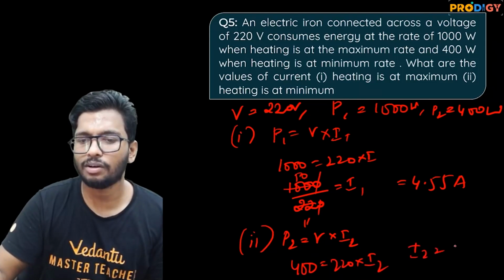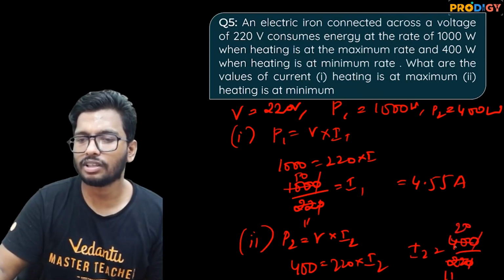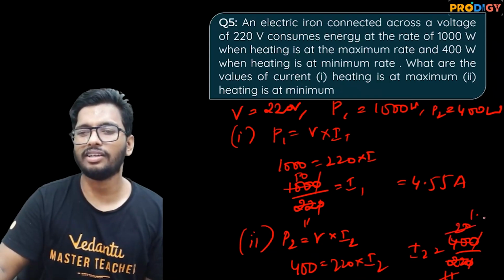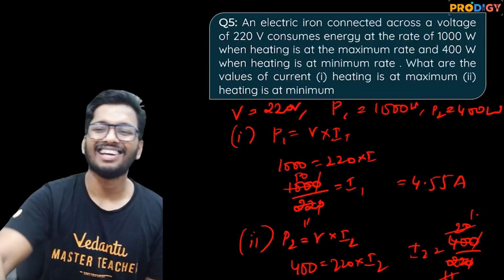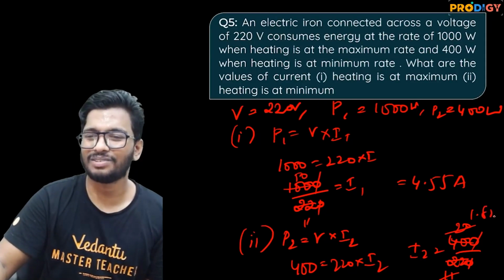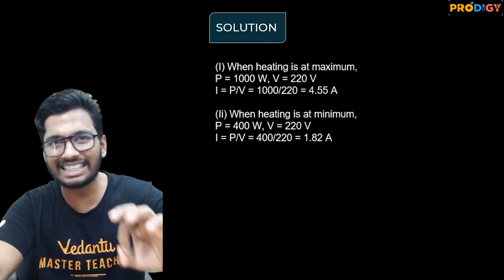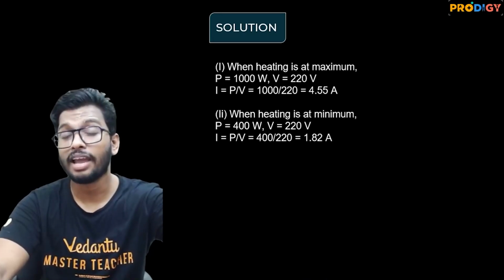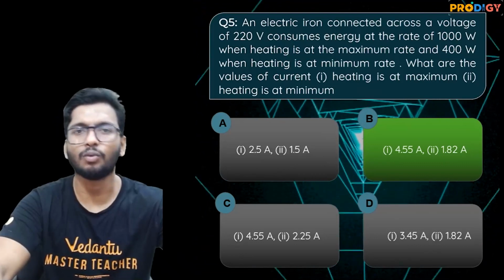So what is I2 equal to? 400 divided by 220, 0 gets cancelled, 40 by 22. So you're going to get 1.8 something, 1.82. That's how it is. So the answer to this question is 1.82 amperes. So the current, when it is maximum, is 4.55 amperes, and when the heating effect is minimum, the current is 1.82 amperes.